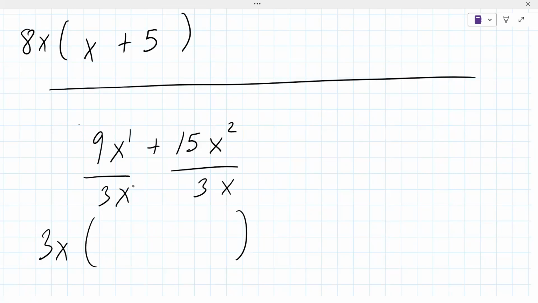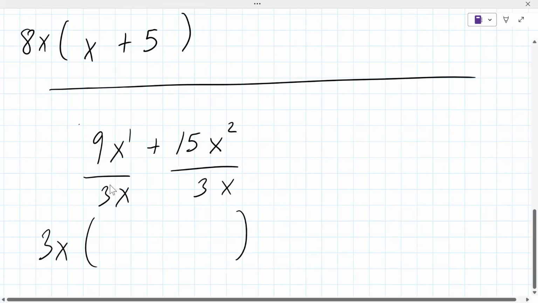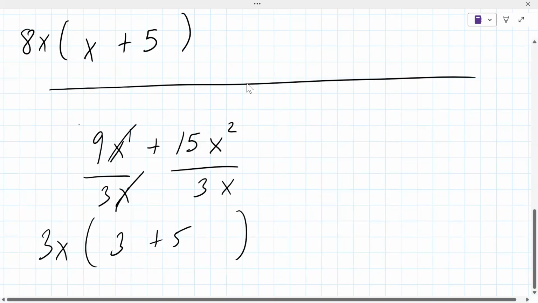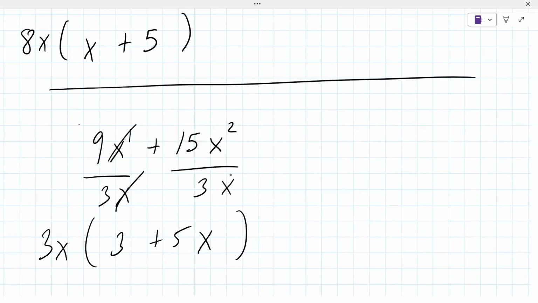So you're dividing. What's 9 divided by 3? You're not subtracting. Right. 3. The x's cancel. On the right, yeah, there's a 5, but what about the variables? You got 5x. x squared and x. Yeah, 5x. Good.